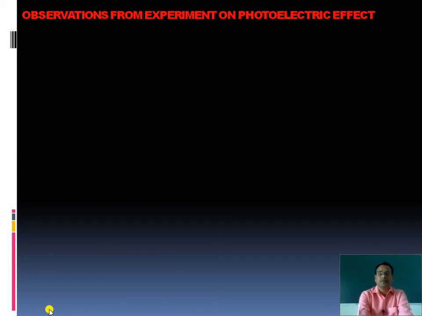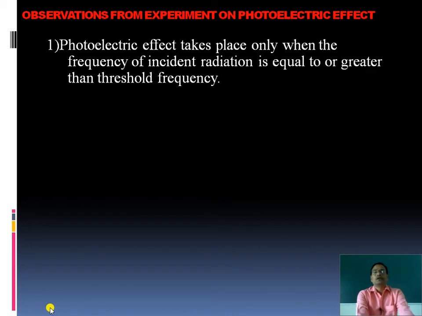So see here, the first observation is: the photoelectric effect takes place only when the frequency of incident radiation is equal to or greater than the threshold frequency. This is the first observation which we make during the experimental study of the photoelectric effect.